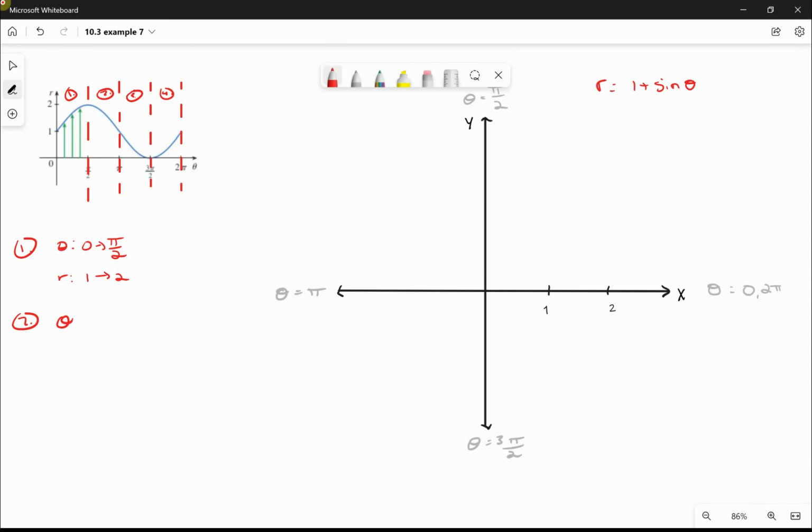So on section 2, we have theta going from pi over 2 to pi, and r decreases from 2 down to 1. Then on section 3, r goes from 1 to 0 as theta goes from pi to 3 pi over 2.